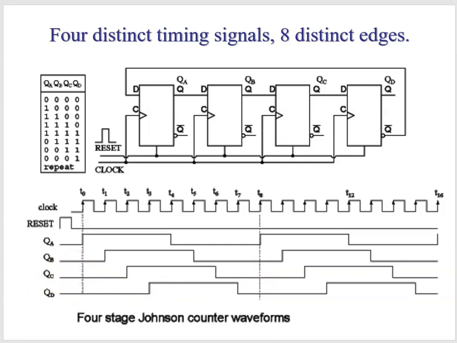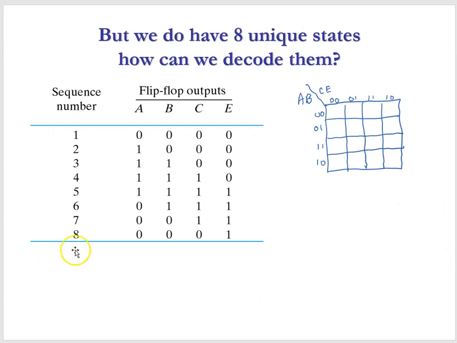To do that, we need a decoder. So to get a decoder, we'd have to decode these states. So if we're going to decode these states, how would we decode them? Well, we could say, for example, that the state 1 is A prime, B prime, C prime, E prime, right? And it's the AND of all those. But perhaps we can simplify that by figuring out where these unused states are.